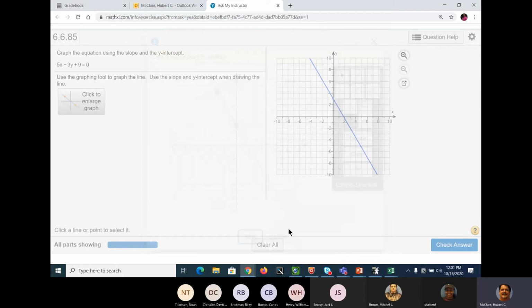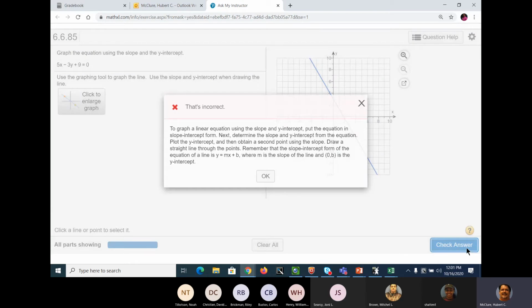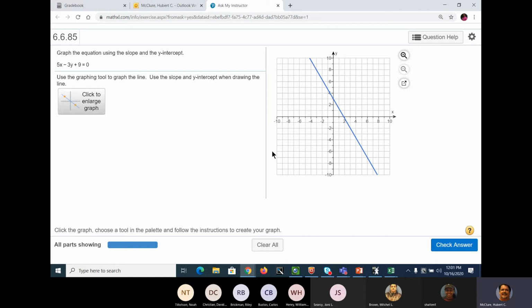And that's it. Okay. I have no idea. Did I not do the trace line correctly? Nine divided by 3 is 3. 5/3.